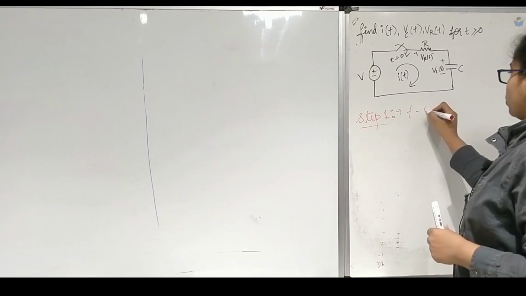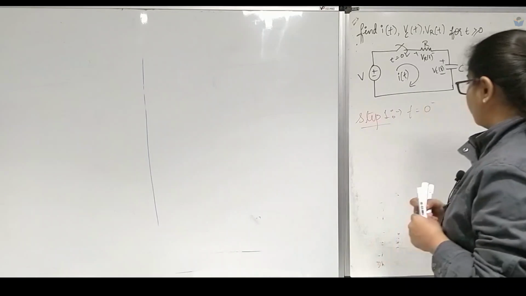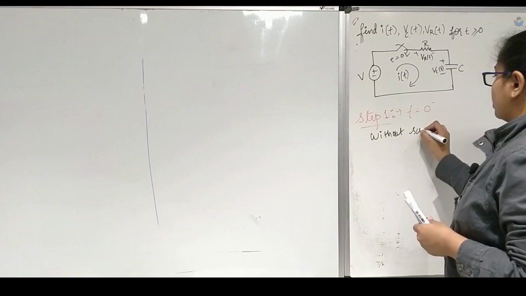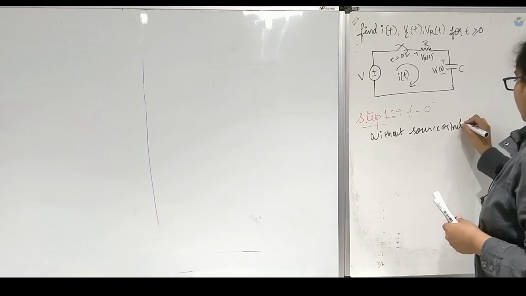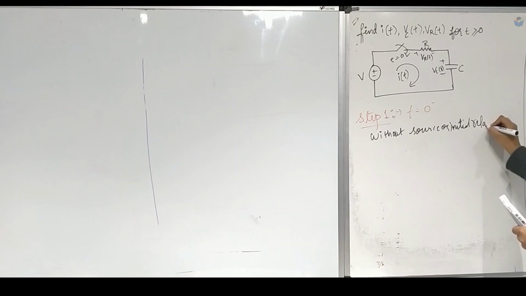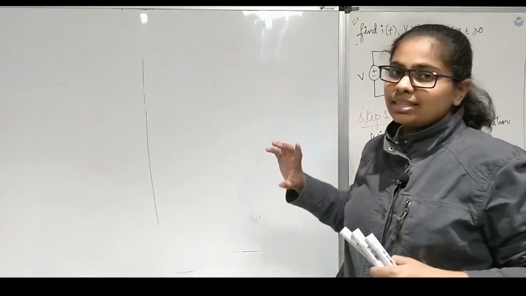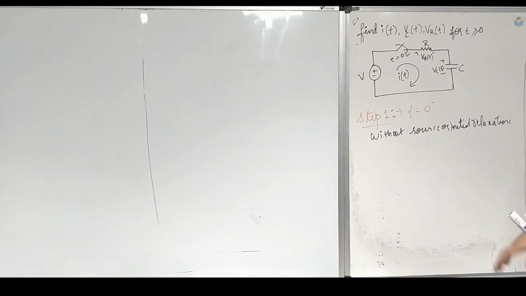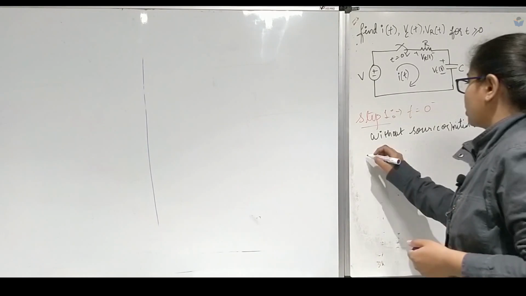So at t is equal to 0 minus, it will be without source, and we will call it initial relaxation. Okay, so in the inductor case we had taken it with respect to current. Now it is a capacitor, we will take it with respect to voltage. So what will be the voltage across this one?